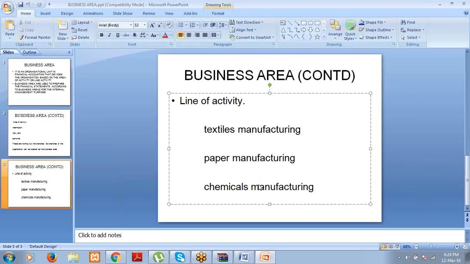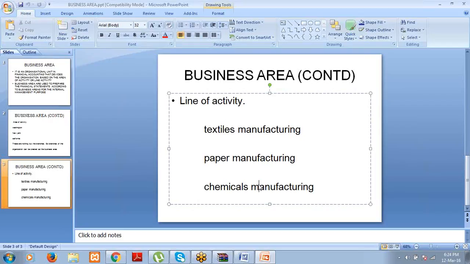I told you for each business area we can prepare profit and loss account and balance sheet. In that case, the system has to identify the expenses, revenues, and balance sheet items with each business area. How will the system be able to identify them?